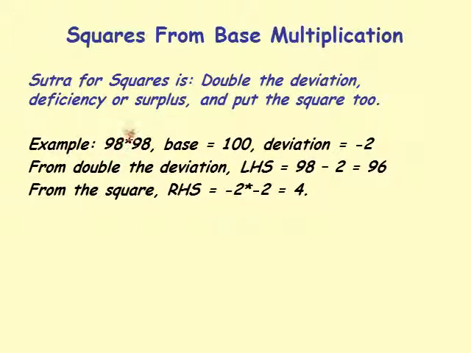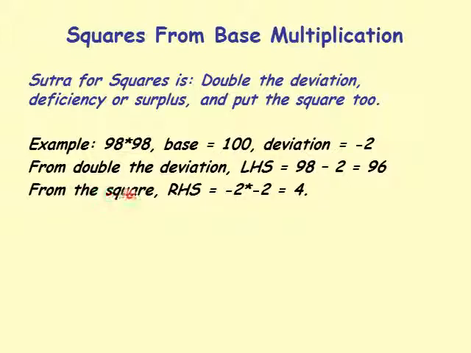So example, 98 times 98. Base is 100, deviation is minus 2. When we double the deviation, the left hand side is going to be 98 minus 2, which is 96.